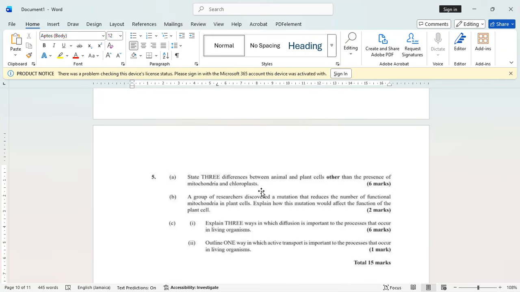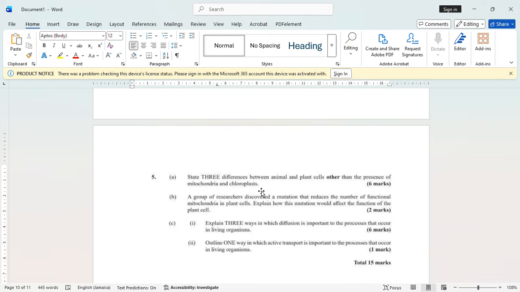Now, bear in mind, sometimes they put a question if it is important to plants or to human beings or animals, but they said living organisms. So any three that is related to plants or animals, you would get the mark.